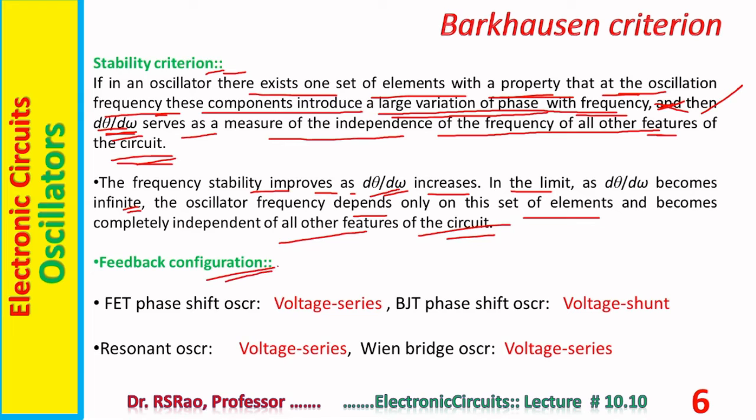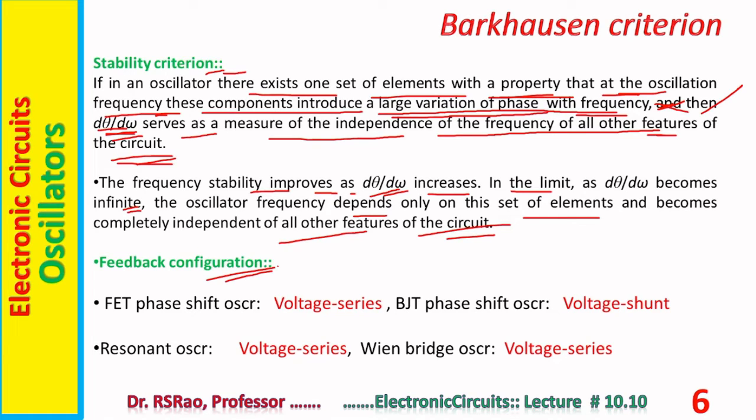Now, several varieties of oscillators are there. When an RC network is used as the beta network or feedback network, those oscillators are called RC phase shift oscillators. If a FET is used as the amplifier, then it is a FET phase shift oscillator.